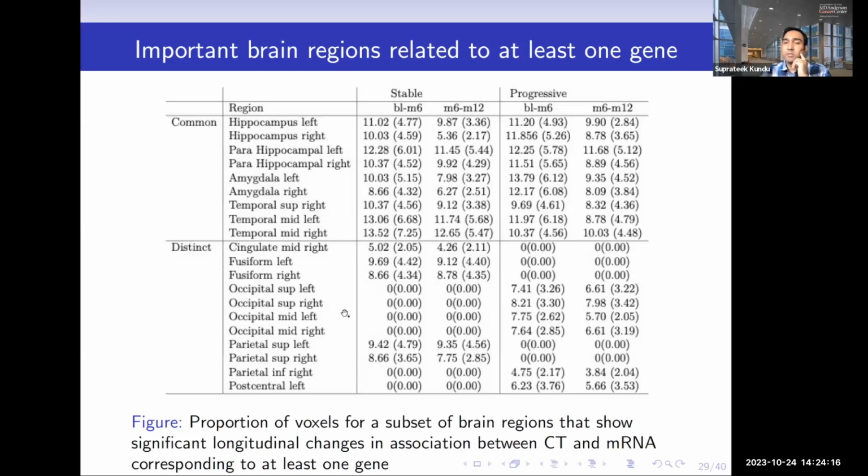If you look at the second half of the table, clearly the brain regions that show the highest image gene associations, the brain regions that are influenced by the genes, are considerably different between these two cohorts. So what this tells us is that the patterns of brain changes over time that are influenced by genetic effects can vary depending on the cognitive deterioration or cognitive reserve of the individual.